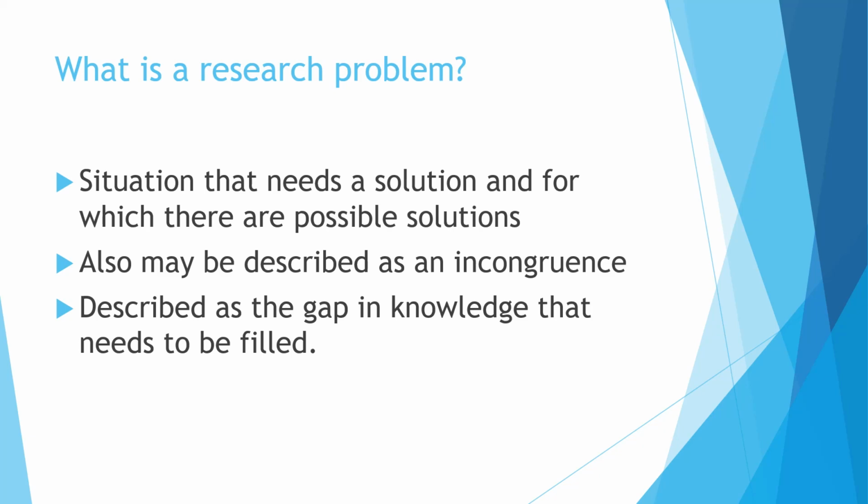So that's why you have a research question which has to be answered. And if a situation has no possible solutions, then it makes little or no sense expending resources searching it. For example, a research on how people can live forever makes little or no sense at all.